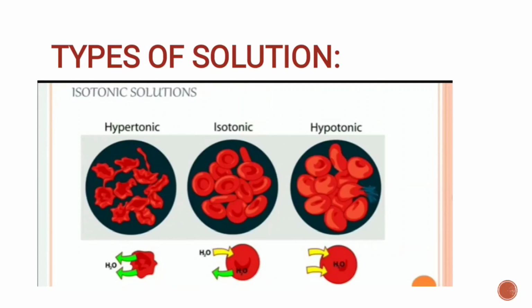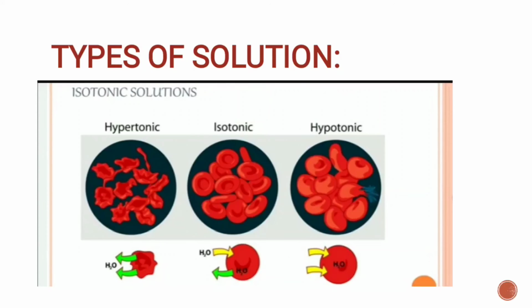So RBC are able to maintain their shape. When RBC are exposed to hypotonic solution, it results in swelling of RBC. So in both conditions, we don't want to administer either hypertonic solution or hypotonic solution to the RBC, so that the shape of RBC can be maintained.